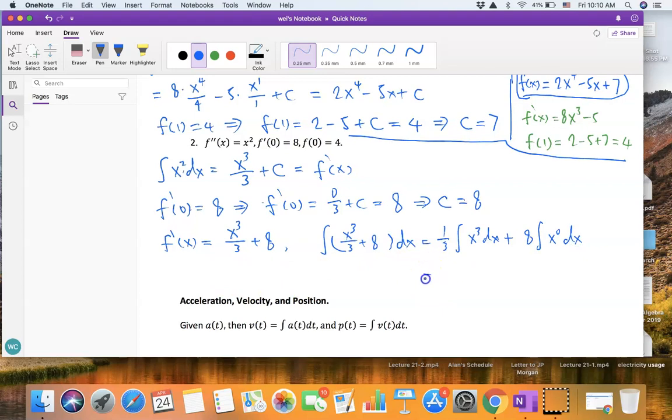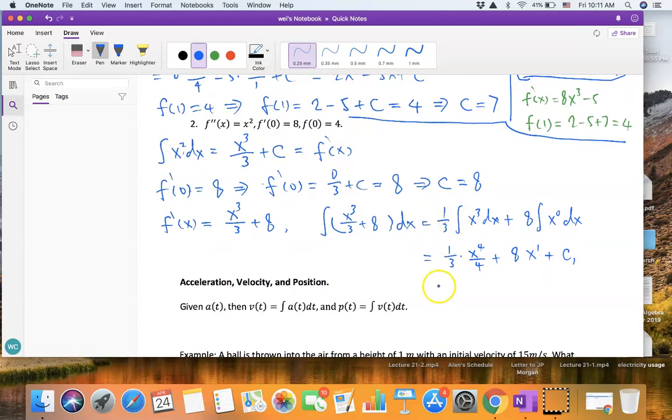And that is 1/3 times x to the fourth over 4 plus 8 times x to the power of 1, plus another constant c1, which is x to the fourth over 12 plus 8x plus c1, and this is f(x).